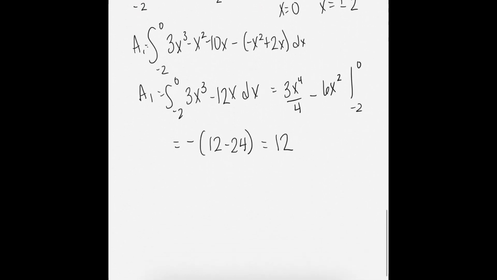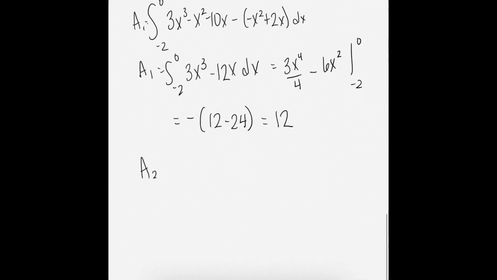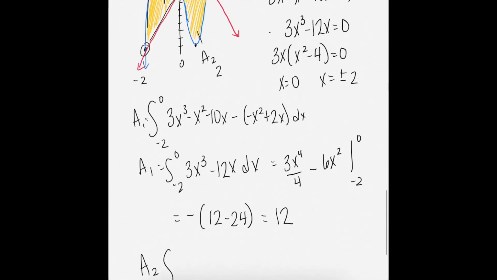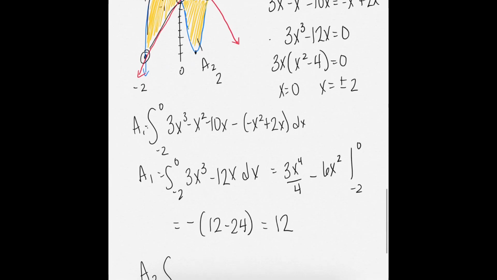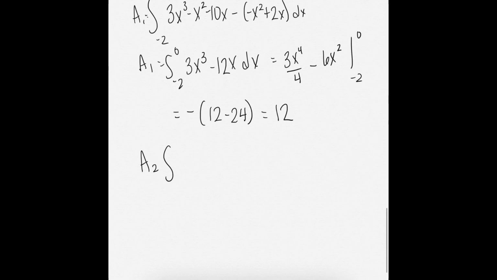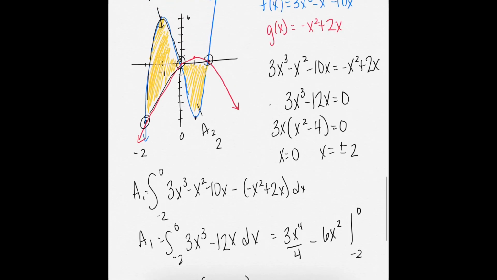Now we have to find the area of the second one. First of all, we do know that our bounds change. Our lower bound in that case would be 0, and our upper bound would be 2, so we would go from 0 to 2. But then notice, this is what I was referring to earlier: which function is the upper function? Notice that the red one is.